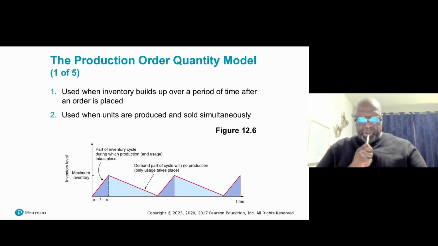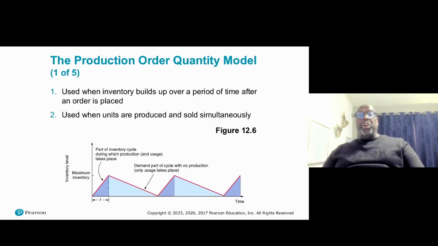Okay, we want to now introduce you to a slightly different model called a production order quantity model. This is a variation on the economic order quantity model where you have what we call simultaneous production and usage.